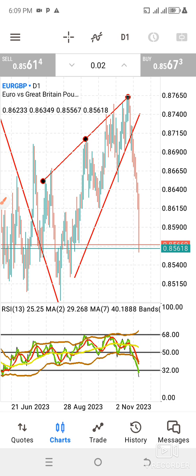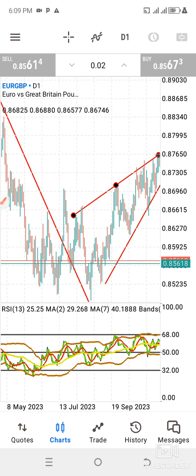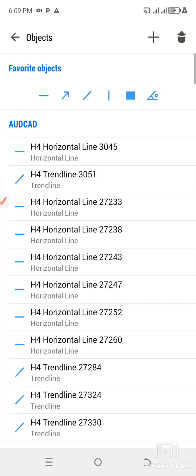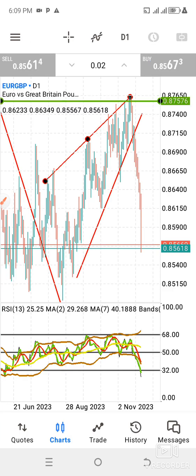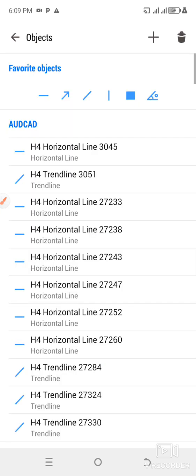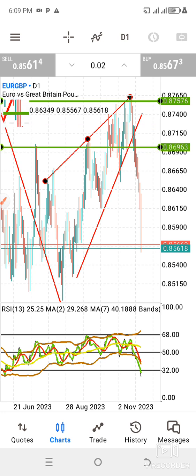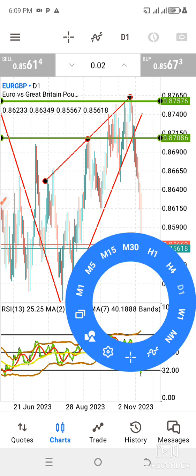It was an uptrend. The next thing we have to do is mark the levels. We are going to mark the levels now. Remember, where the market retests, those are the levels we are going to be marking. These are the levels where the market retested.